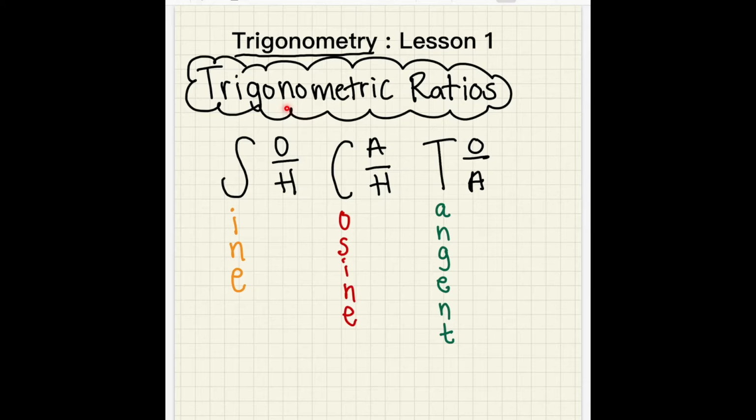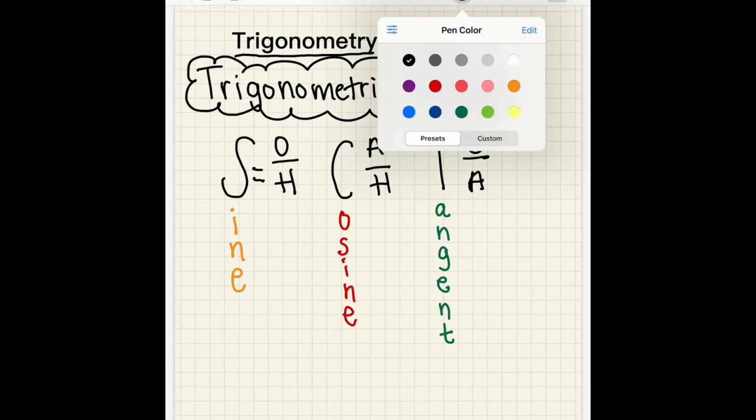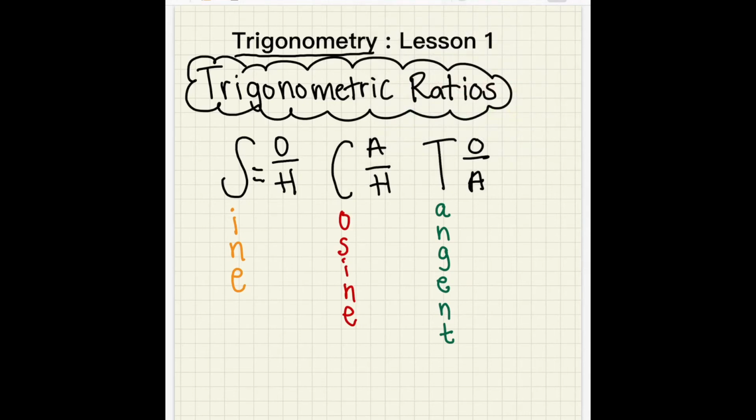So, basically it means that the sine is equal to O over H. Now, if you saw the first video, you should know what the O and the H stand for, right? So, the O stands for, yeah, you guessed it, opposite.